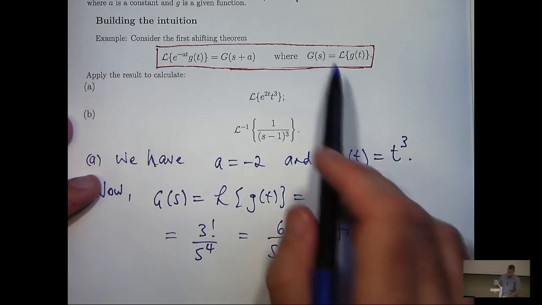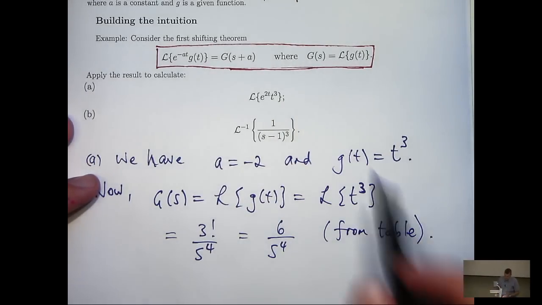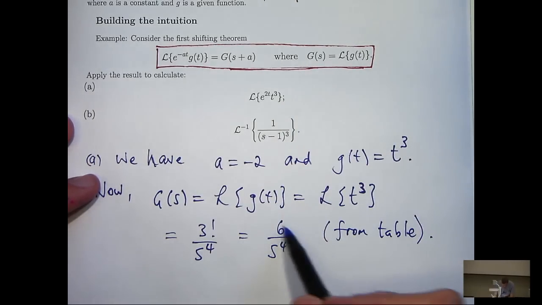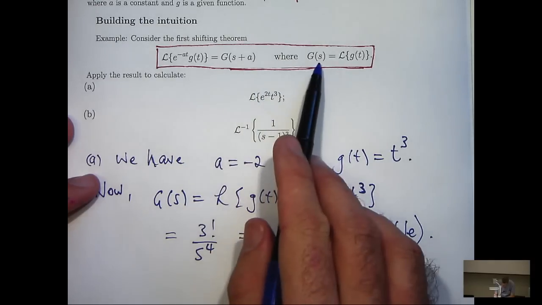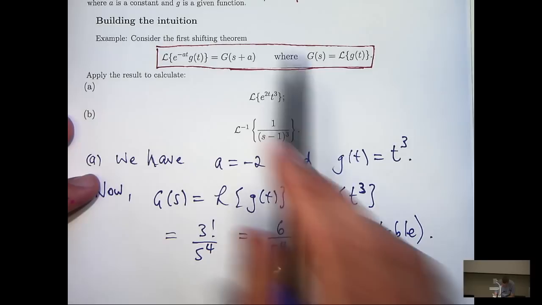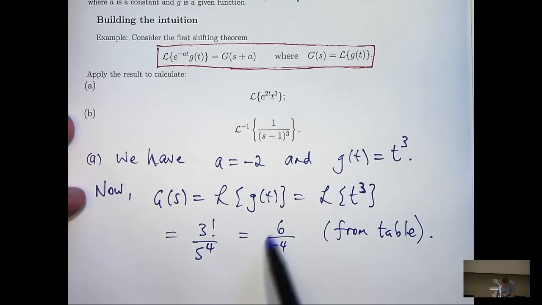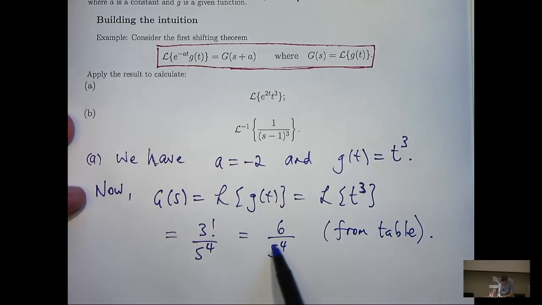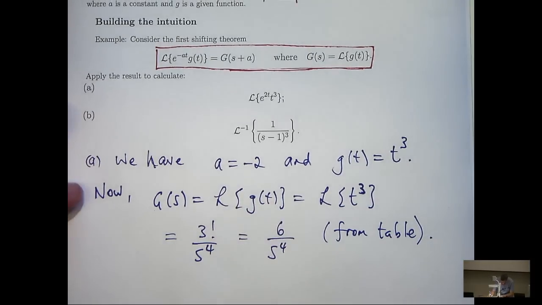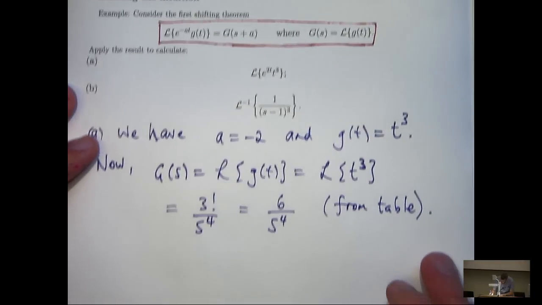So you've calculated this part now. Let's shift this by replacing s with s plus a in brackets. For our particular example, we'll replace s with s minus 2 in brackets.